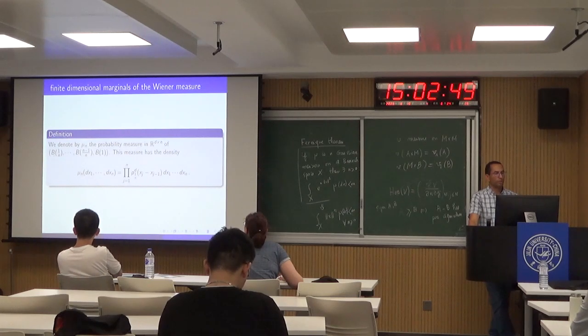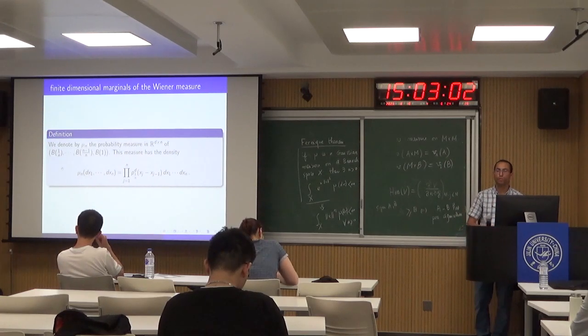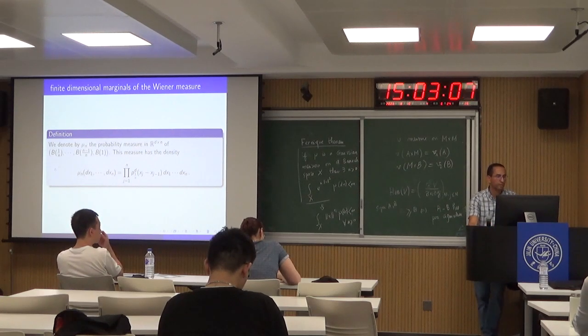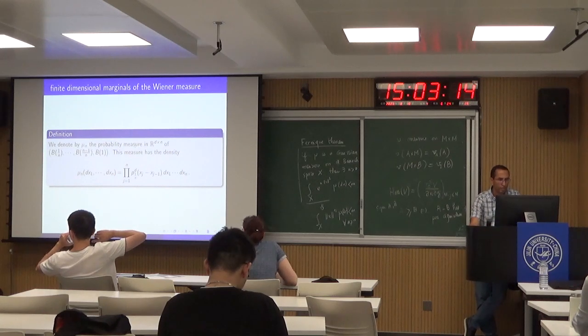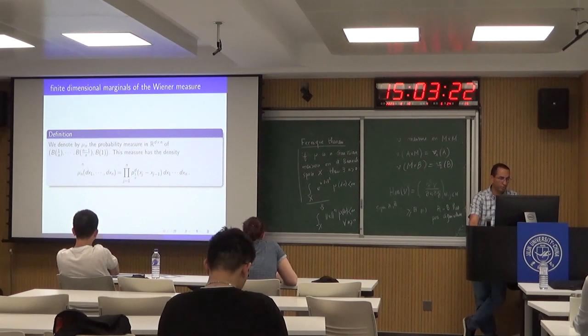Here, by finite dimensional marginals, what we intend to say: the Wiener measure is the probability measure of the Brownian motion itself, as a whole process, and the marginals are the probability measures of the following vectors.